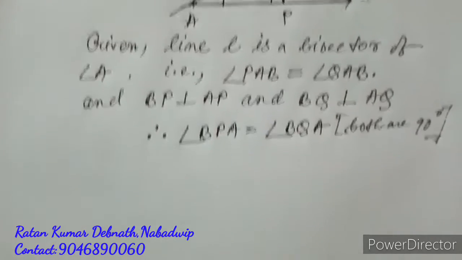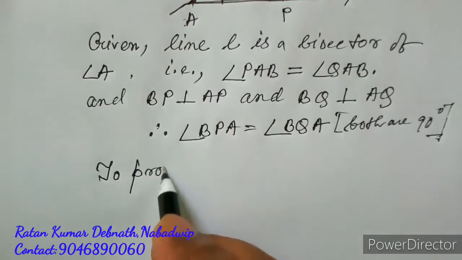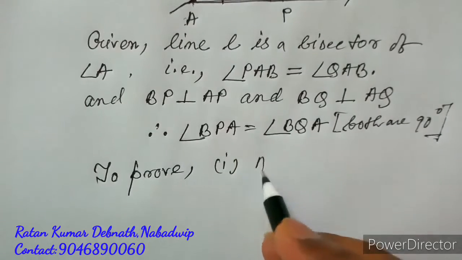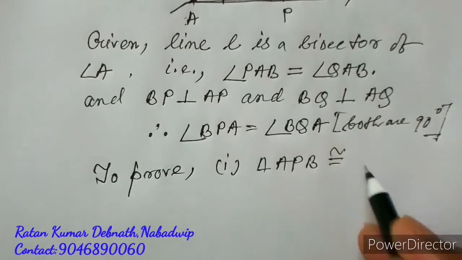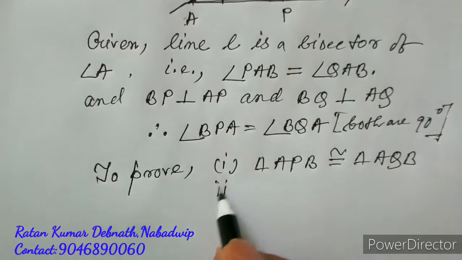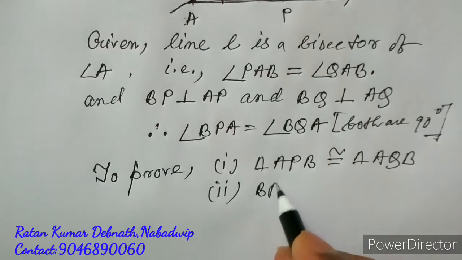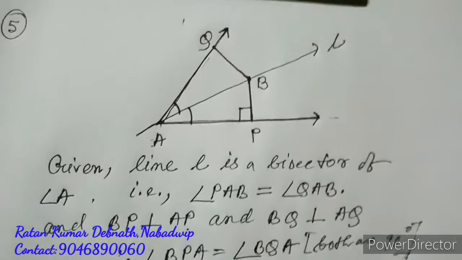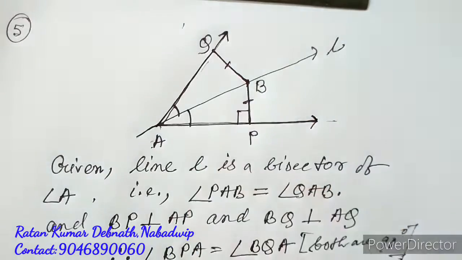What we have to prove here? To prove number 1, triangle APB congruent to triangle AQB, and number 2, BP equal to BQ, that is this length and this length, that is BP equal to BQ.